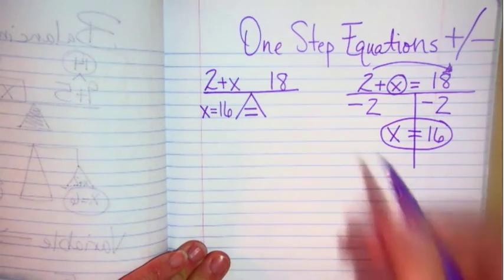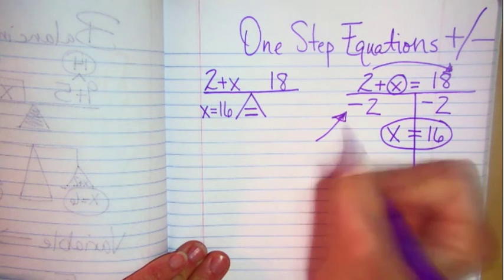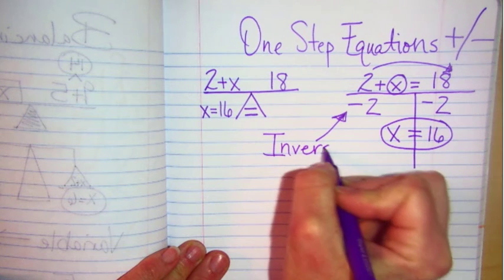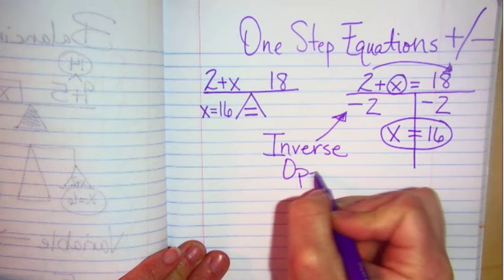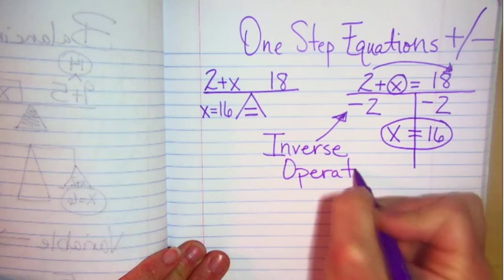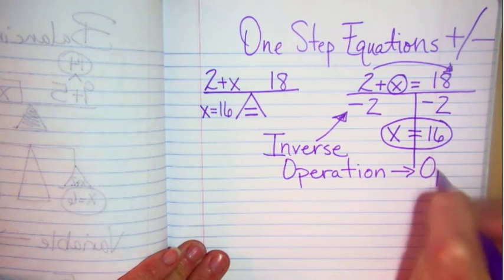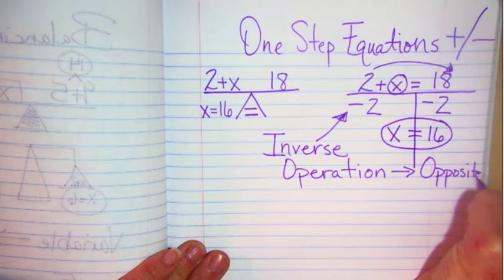What you have to realize you're doing is the inverse operation. An inverse operation is just the opposite. When you see inverse operation, just think the opposite. For addition, that would be subtraction.